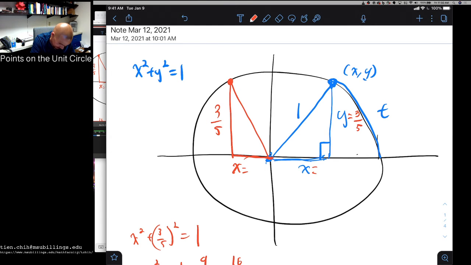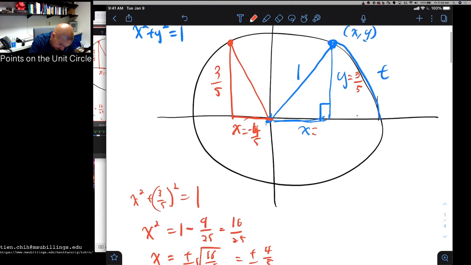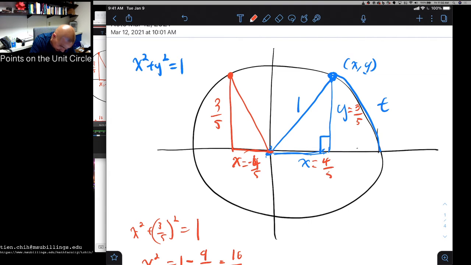So I have an x value here that's negative 4/5, and then an x value here that's positive 4/5. But in this case, I'm aware that I'm lying in the first quadrant, and so both my x and y values need to be positive. Alright, so if I know one of the coordinates and I happen to know what sign the other coordinate should be, I can narrow down a specific value of y for every x and x for every y.